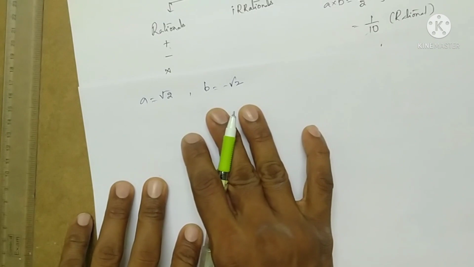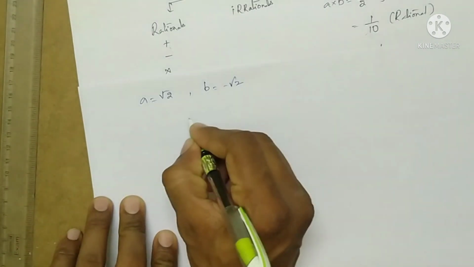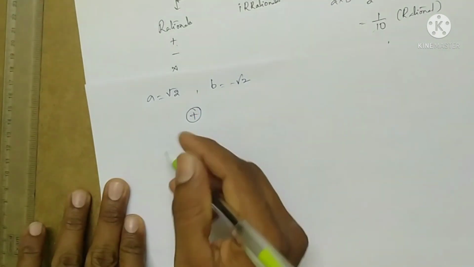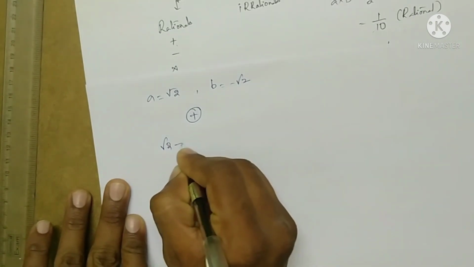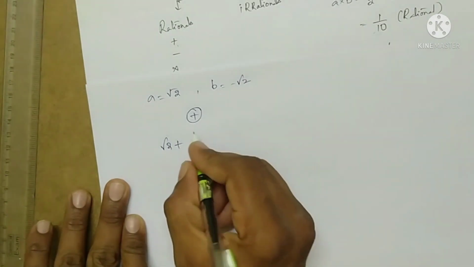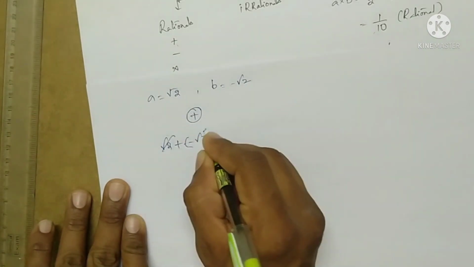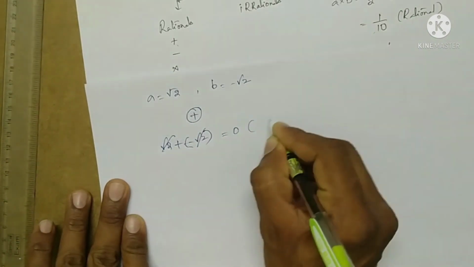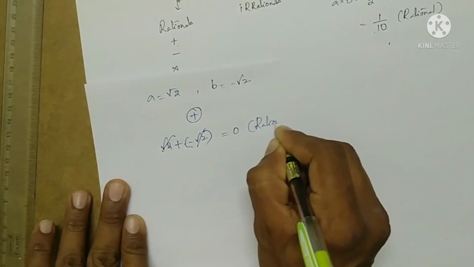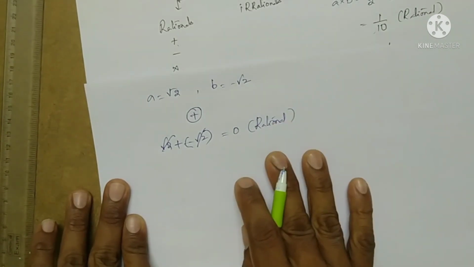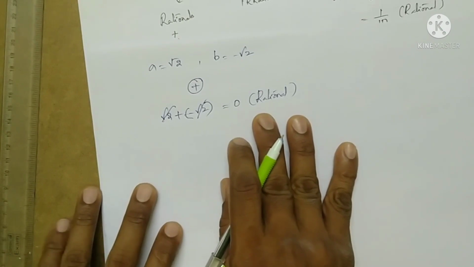Let us check addition. Root 2 plus minus root 2, both are cancelled, result is 0. It is a rational, right? So the result is a rational number.